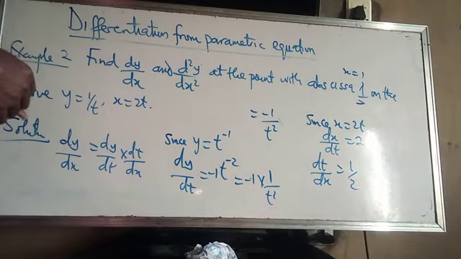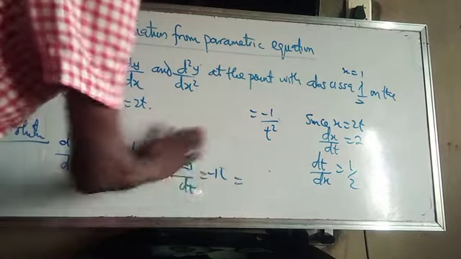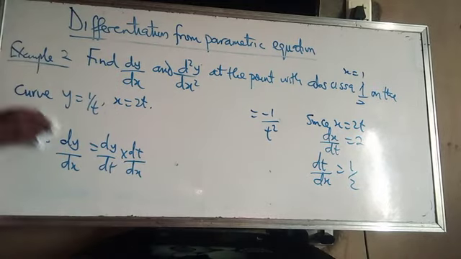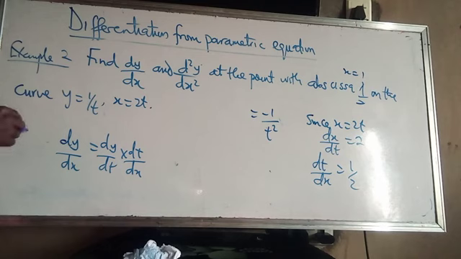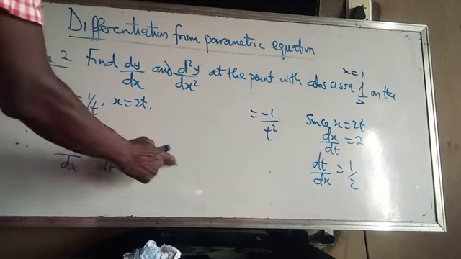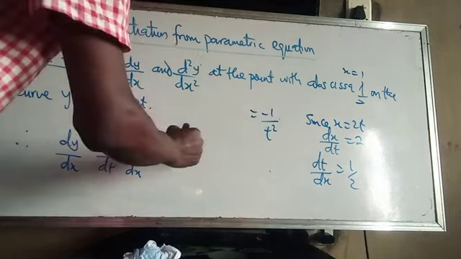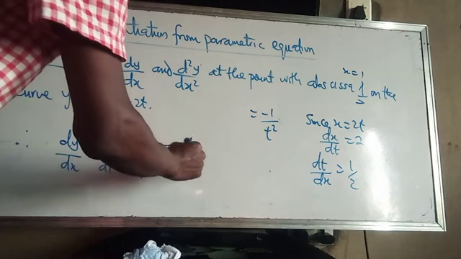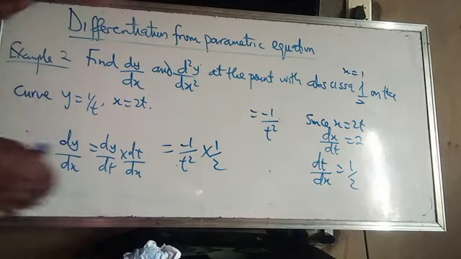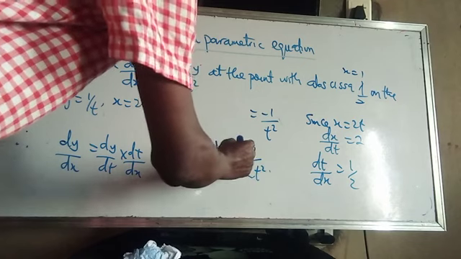Now, therefore, dy/dx, which is dy/dt times dt/dx, will be minus 1 all over t squared times 1 all over 2. So that will give us minus 1 all over 2t squared.